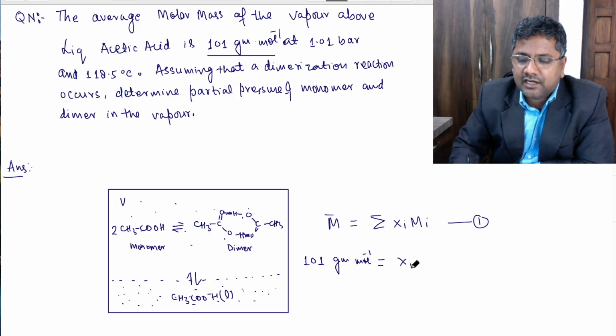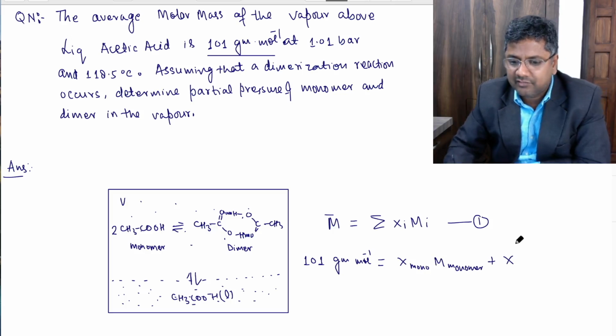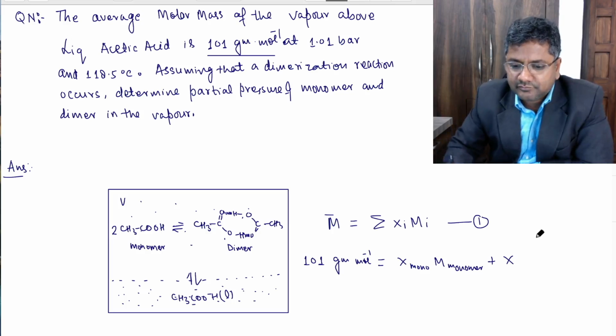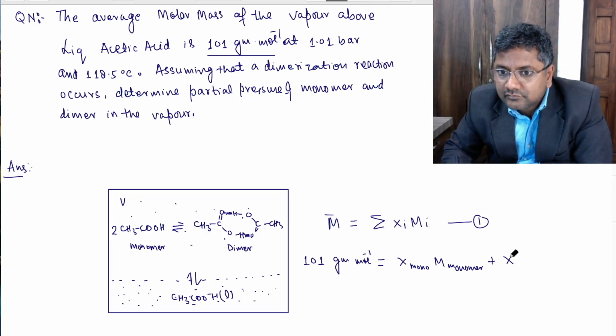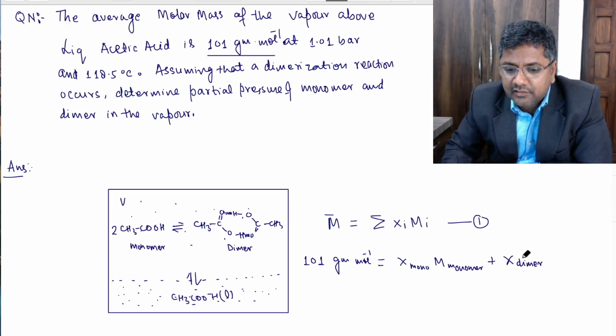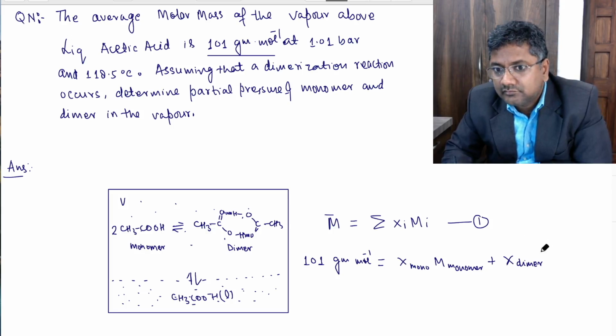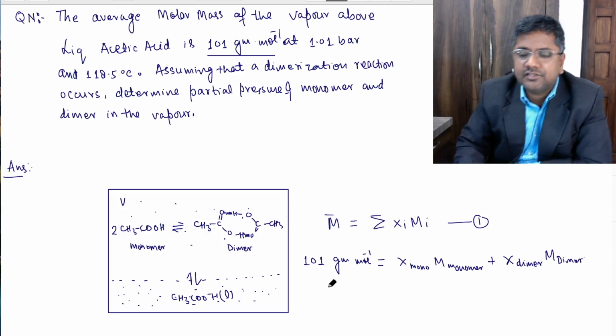So x of monomer into the molar mass of monomer plus x of dimer into the molar mass of dimer, right?